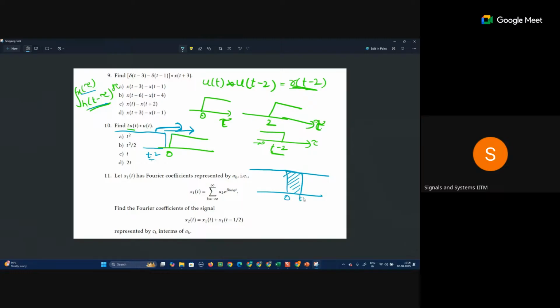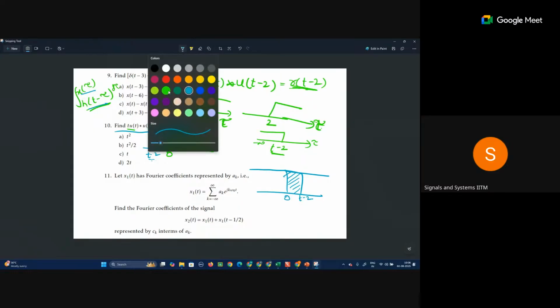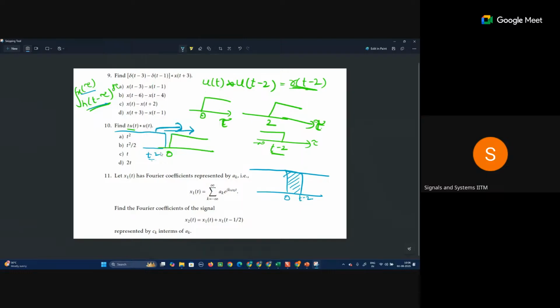So it will be t minus 2. So it will be increasing constantly, right? In your graphical approach, I'll be telling. So till here it will be 0.